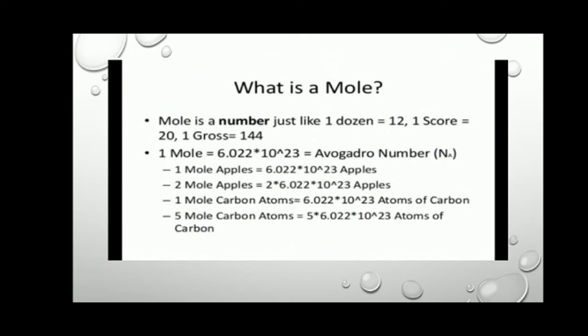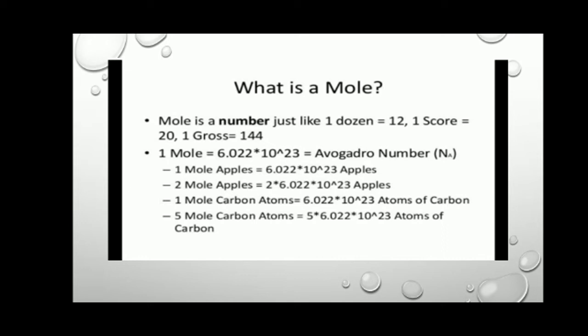Now, what is a mole? Once again, have a look. Mole is a number just like 1 dozen. And you know that 1 dozen means 12 articles or 12 items. Some other counting numbers are like 1 score is equal to 20 and 1 gross is equal to 144.